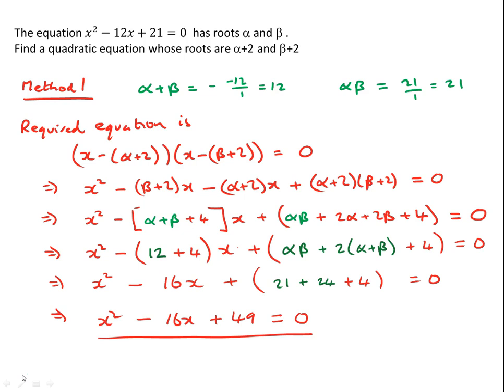So here's a solution if you've used the alpha beta method, and you should have ended up with an equation looking something like x squared minus 16x plus 49 equals 0.